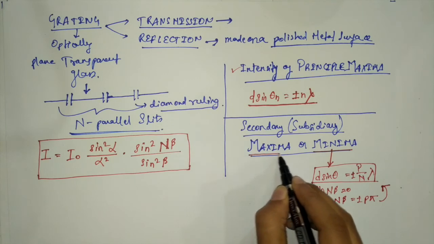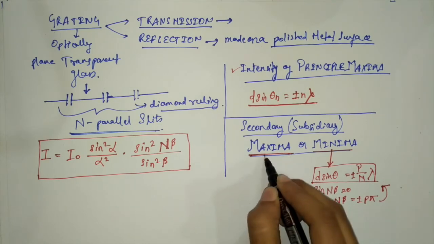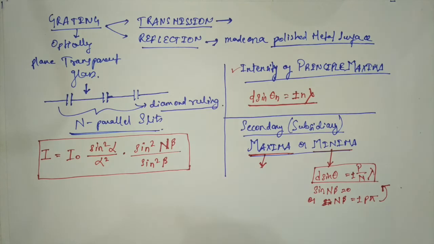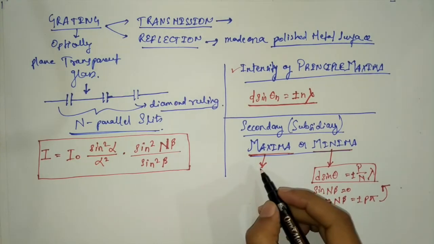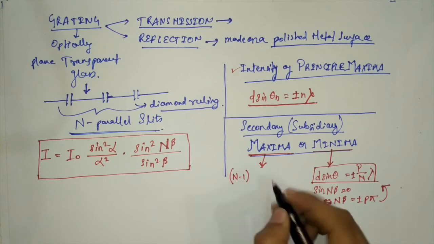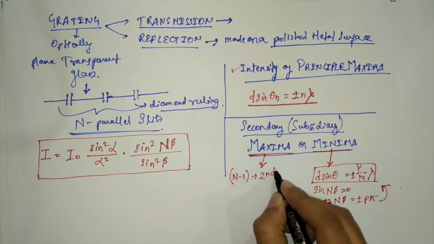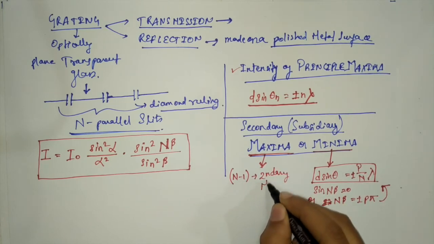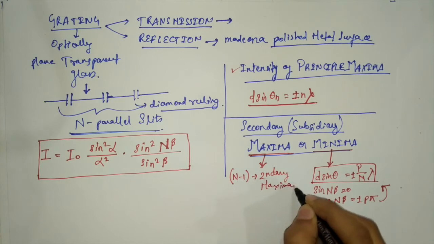Now for the maxima case, here we can see that there are N minus 1 number of secondary maxima.